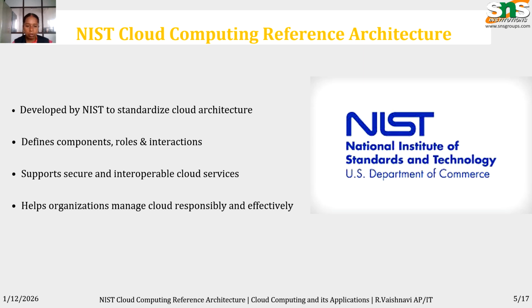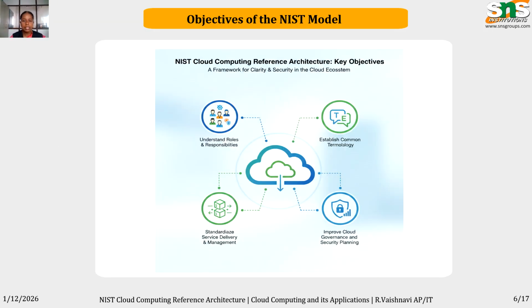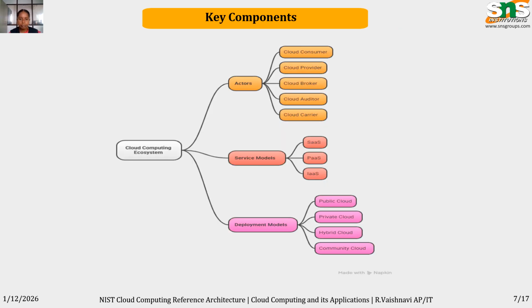It supports secure and interoperable cloud services, and it helps the organization manage the cloud responsibly and effectively. And then this is the objective of the NIST model. The objective will be to understand the roles and responsibility, establish the common technology, standardize the service delivery and management, and improve the cloud governance and security planning.